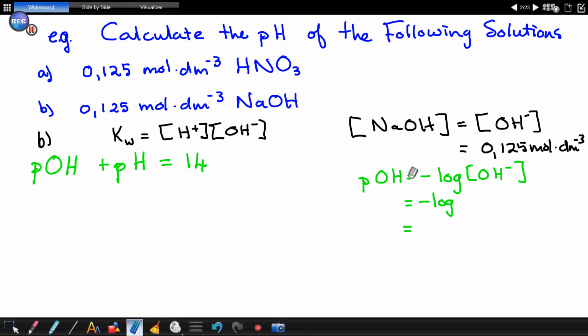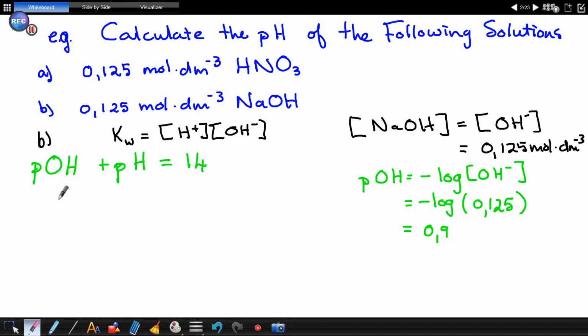So we've got our sodium hydroxide solution with a concentration of 0.125. What is the pOH of the basic solution? It's negative log of 0.125, which gives us 0.9.